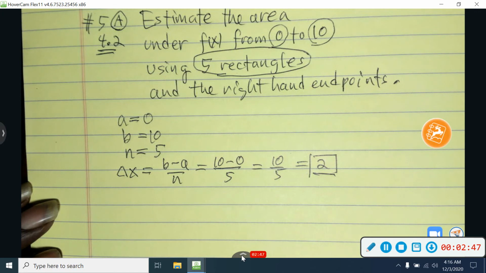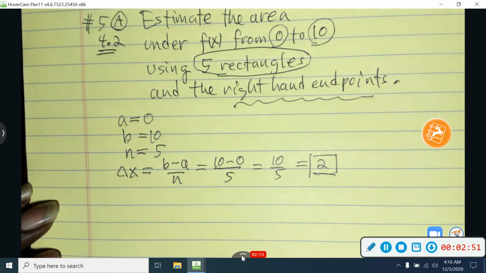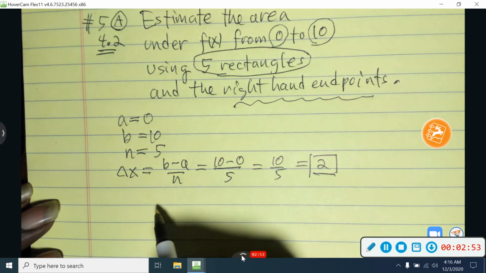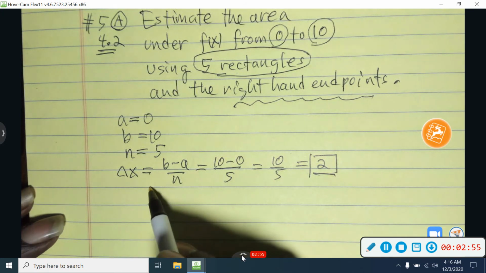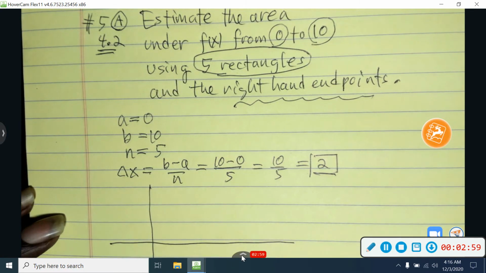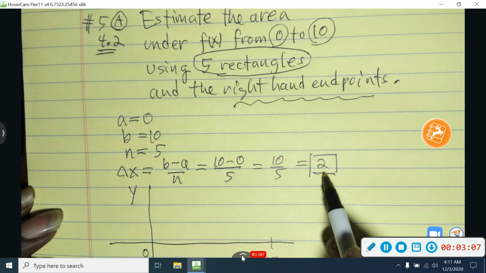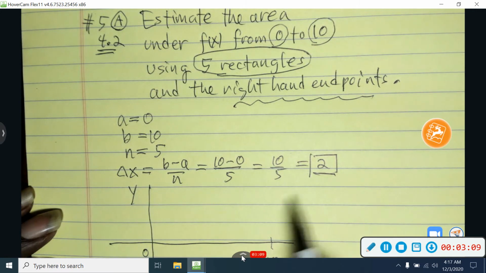Okay? You're using the right-hand endpoints. So you have to start with the right. So the division looks like this. Okay? Just to show you a pictorial of it. I'm not drawing the function, that's drawn in the book. Okay? Here's 0, here's 10. Start at 0 and keep moving by the change in x.